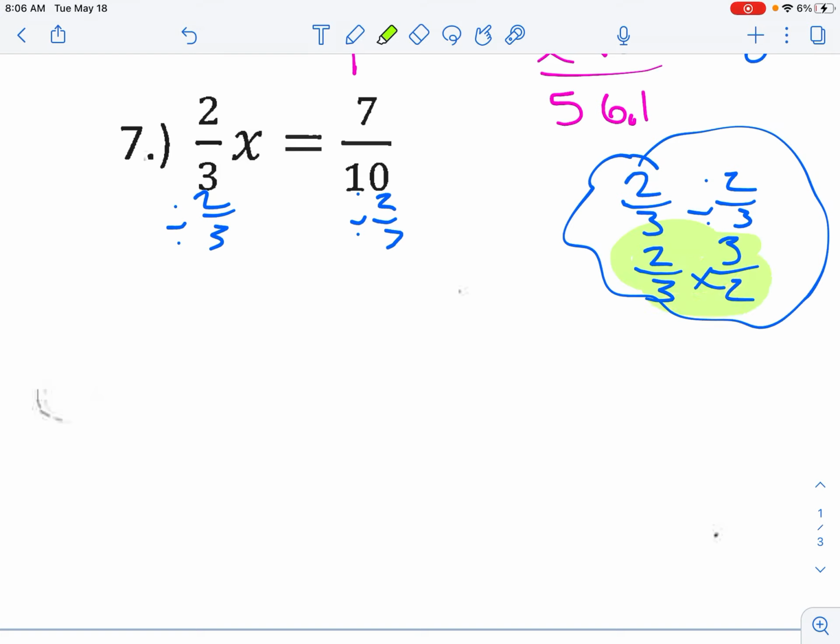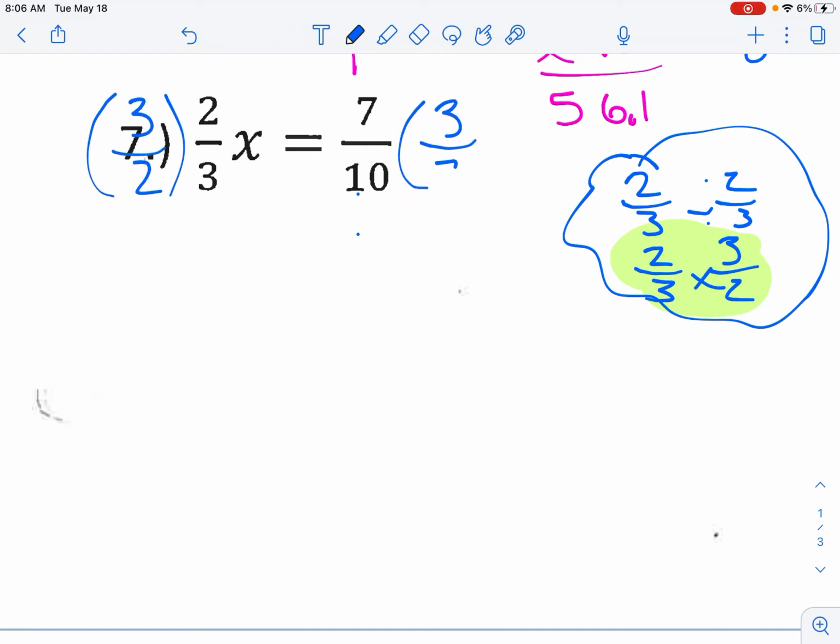So this is what I have to do to solve my equation. So I'm going to erase divided by 2/3. And instead of writing that, I'm going to multiply both sides by 3/2 because when we divide a fraction by a fraction, we multiply by the reciprocal. So right now I'm focusing over here on the left side of my equation.